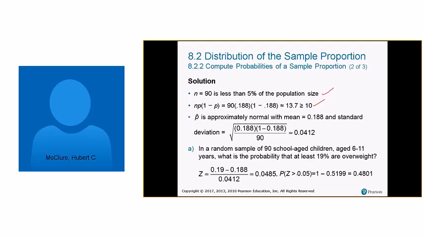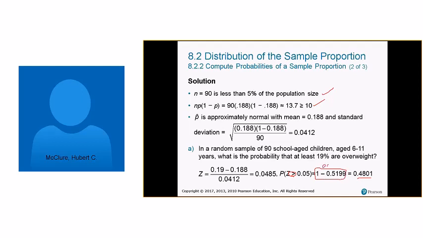And of course, if you have a calculator that does the right-hand side, you would do normal cdf from the z-score to 9999 because it's greater than.